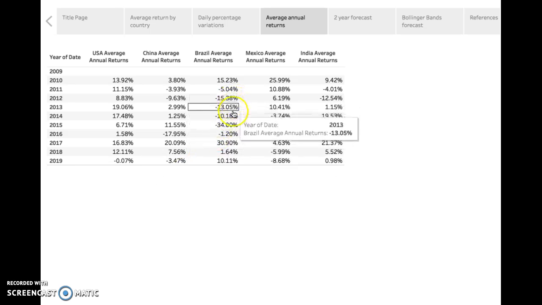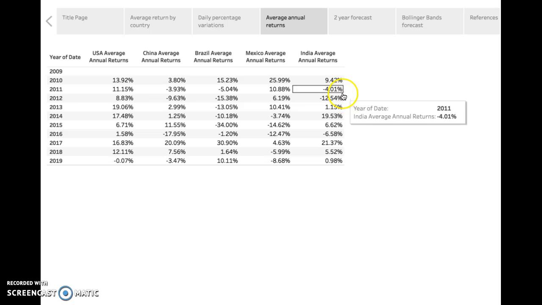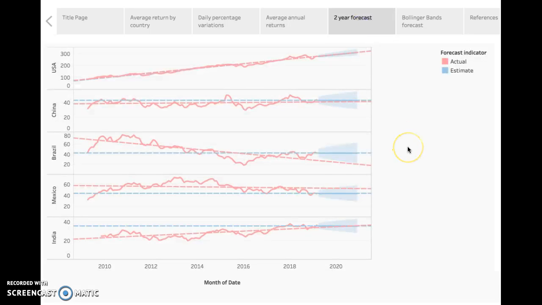We see 4 years of negative growth here, a couple of negative years in China, a couple in Mexico, and a couple of negative years for India. So all in all, it is clear that the United States stock market has outperformed all other major developing markets. Now that we're armed with this information, let's take a look at some forecasts.